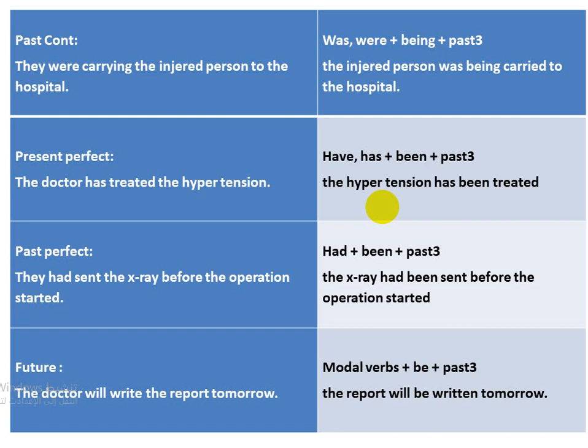Why did we say active? Because the subject, the doer, is known. Who is it? The doctor. Okay. So when we read it as passive, who can read it as passive?